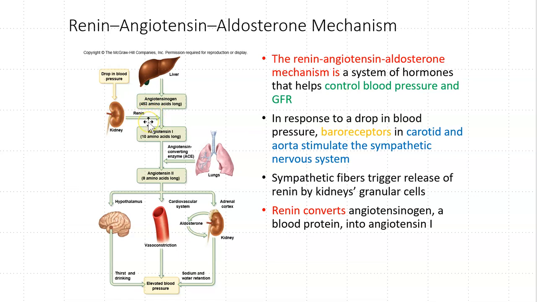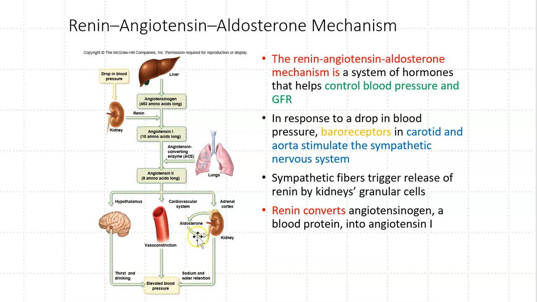Now, this renin helps in synthesis of angiotensin II. Angiotensin II is a hormone that helps in secretion of aldosterone by the adrenal cortex.